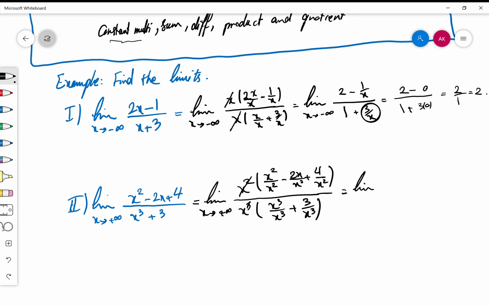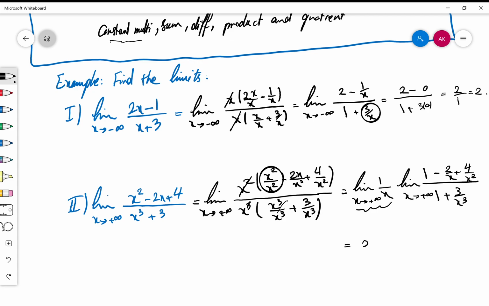We have limit of 1 over x as x goes to plus infinity times the limit of this: 1 minus 2 over x plus 4 over x squared, over 1 plus 3 over x cubed, as x goes to plus infinity. Now, the limit of the first part is just 0. That's fact 1: 1 over x as x goes to plus infinity gives us a 0 limit.